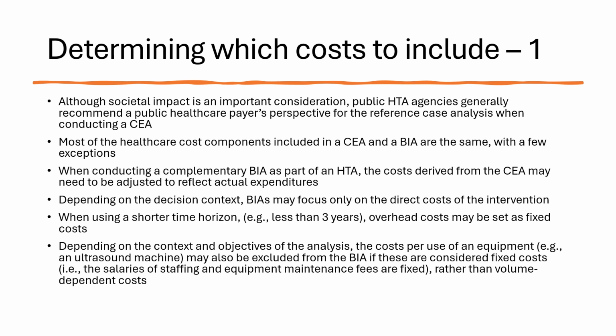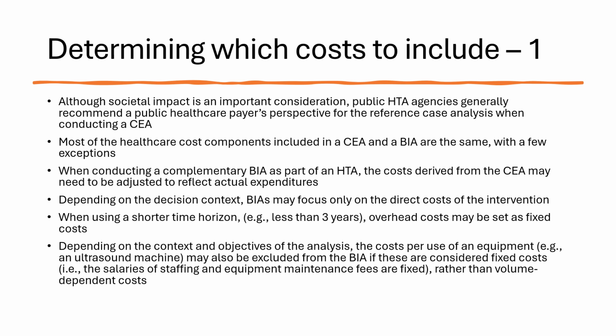When conducting a complementary BIA as part of an HTA, the costs derived from the CEA may need to be adjusted to reflect actual expenditures. Overhead costs such as rent, accounting, and staffing costs can be included as cost parameters in a CEA. When using a shorter time horizon, overhead costs may be set as fixed costs.